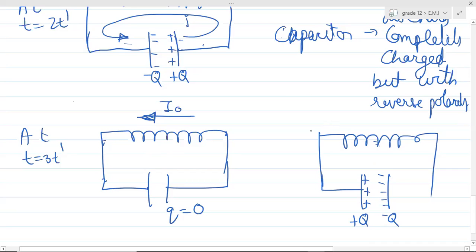Yes, sir. So basically, you can understand this is a 4-cycle process, that in 4 different intervals it came back to where it began from.